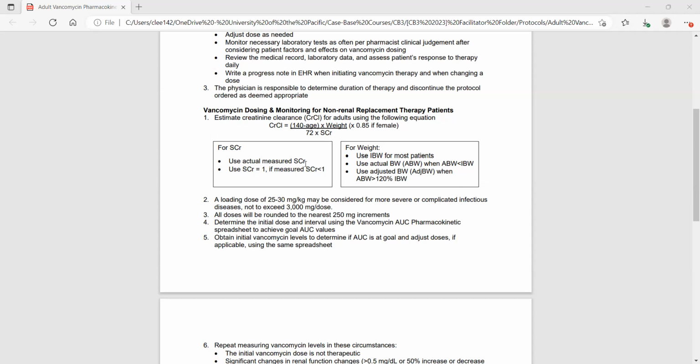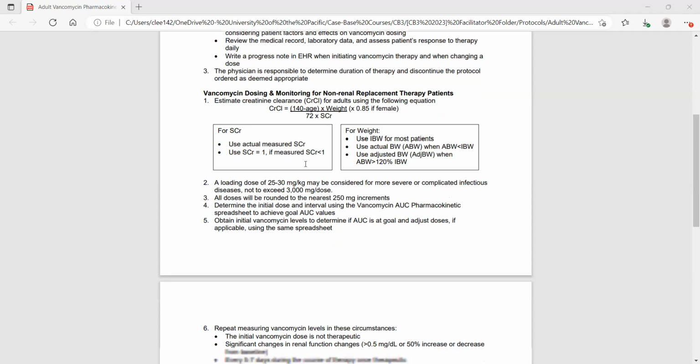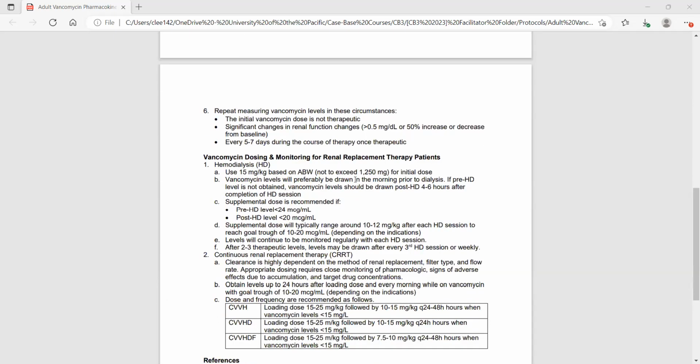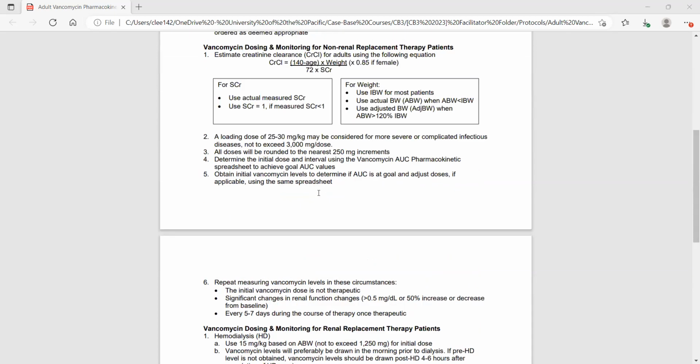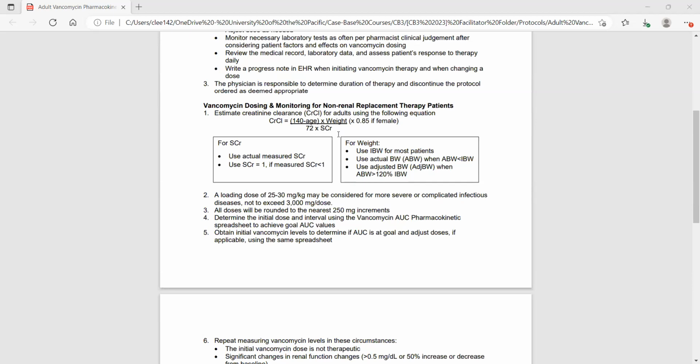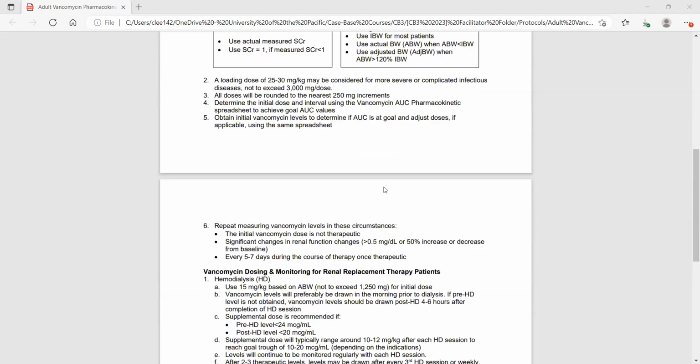Especially if you do AUC-based monitoring, we can get to their goal pretty quickly, unlike those who might be on renal replacement therapy like hemodialysis or continuous renal replacement therapy. So that is the first thing I will try to look at, to see what their renal function looks like.